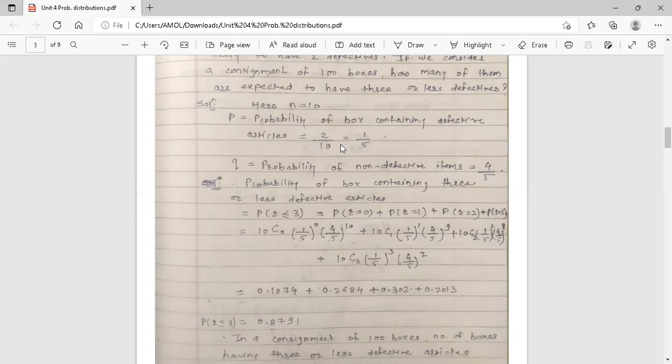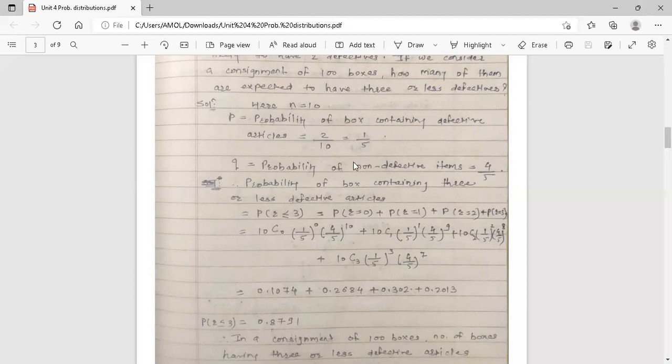The probability of a box containing 3 or less defective articles is equal to P of R less than or equal to 3. So the condition is that the value of R is less than or equal to 3. To find it, you start from 0, meaning when R is equal to 0 there may be 0 defective articles.